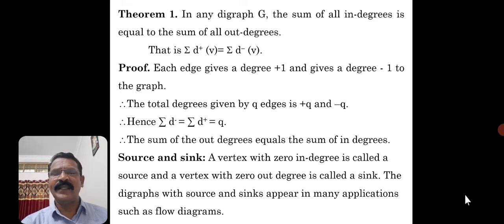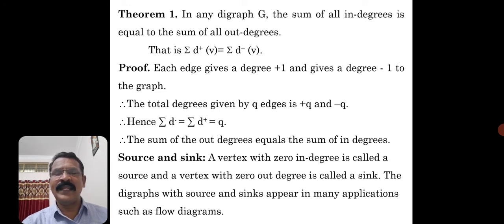It implies each edge gives a d plus 1 and a d minus 1. So the out degree of U is 1, and the in degree of V is 1.